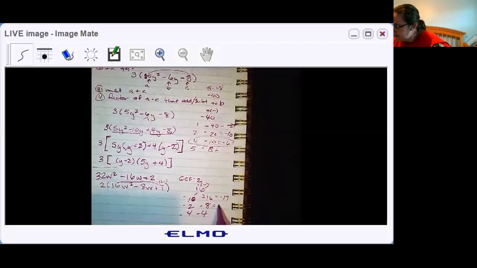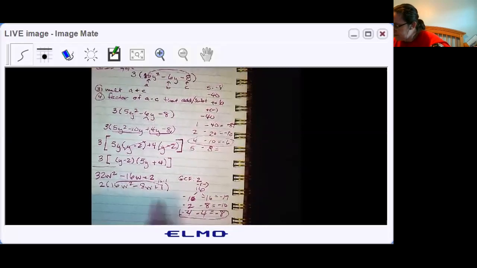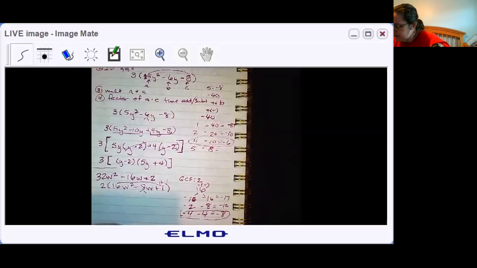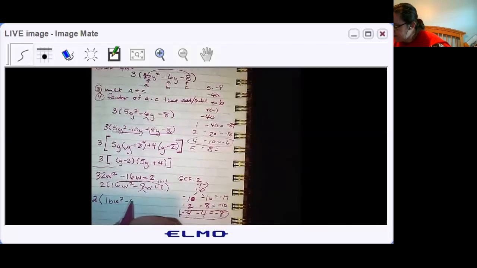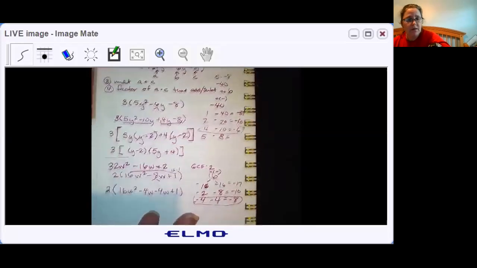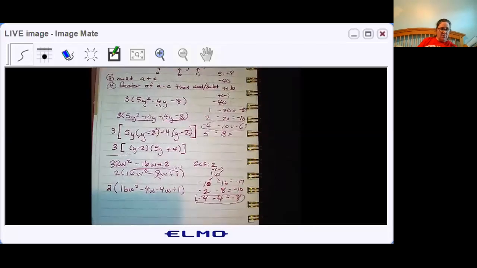Negative 2 minus 8 is negative 10. Negative 4 minus 4 is negative 8. This is the one I was looking for. So I'm going to break this negative 8 into its two pieces. Now I have 2 times 16w squared minus 4w minus 4w plus 1. That feels kind of weird, but that's following our process.